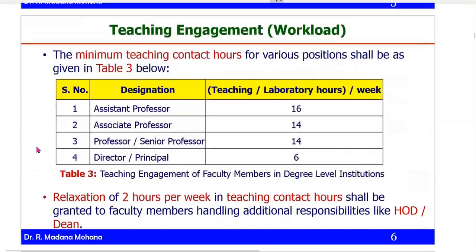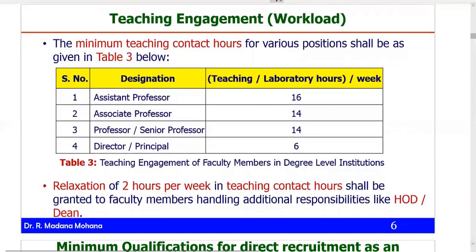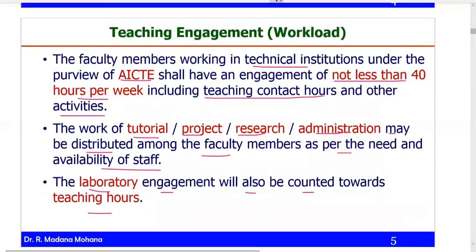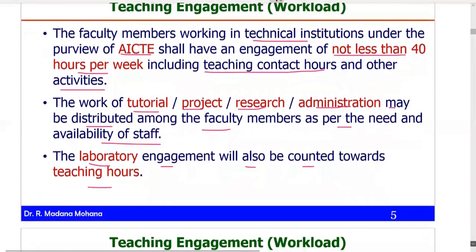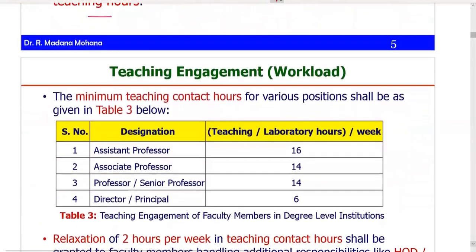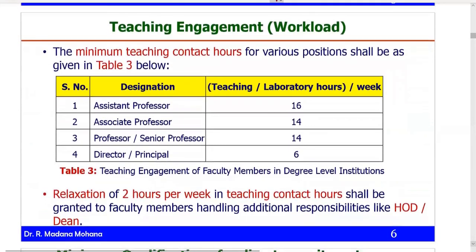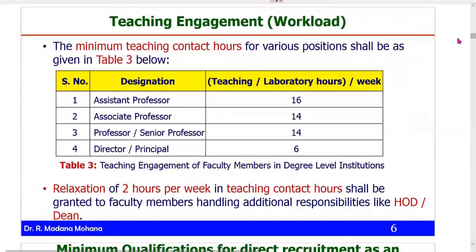So as per these requirements, the minimum teaching contact hours for various positions are shown in the following table. For assistant professor, the minimum contact hours per week, including teaching as well as laboratory, is 16 hours. Then associate professor, 14 hours per week.